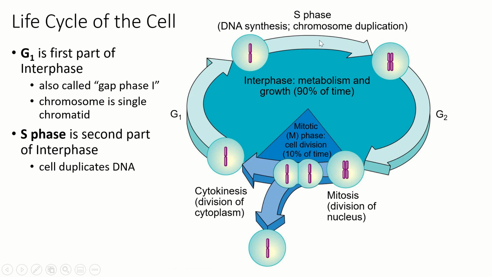And the rest of the cytoplasm of the cell is also going to start to be duplicated, because the cell needs to make lots and lots of everything inside the cell so that when it splits itself in half, each cell has enough cytoplasm to do its stuff. Okay, so in our next section, we're going to talk about this S phase, what happens there, and how the cell duplicates the DNA to prepare for mitosis.